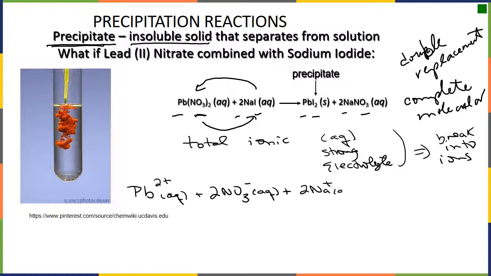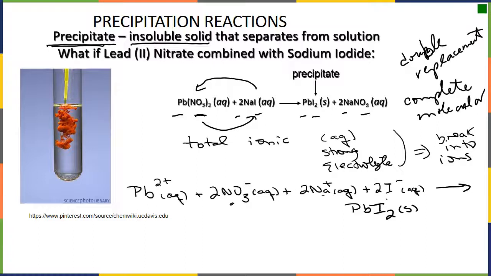It's going to react with our sodium. All group 1 compounds are soluble. And our iodides. It's going to make, excuse me, lead iodide. Now, how do we know, first of all, that it's going to make lead iodide? Well, if we look at our charges, our sodium is not going to stick to our iodide because that's already soluble.